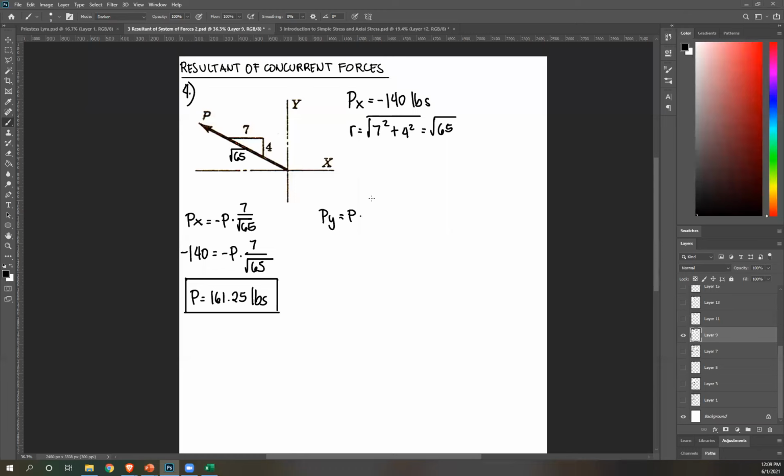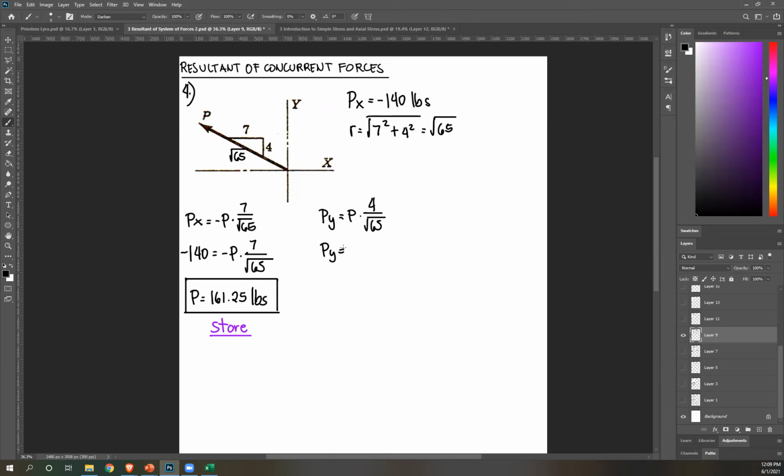So times 4 over hypotenuse, square root of 65. We know P is 161.25. Then as I've said in the previous meeting, whenever we have an answer like that, typically we want to store that value. Using the stored value of P, sub that in here, and then from that we can solve for Py. Please solve. What's the answer?